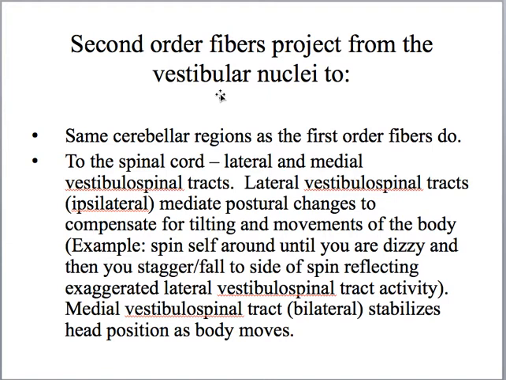A good example is that if you were to spin yourself around really quickly and then you stop, you'll stagger. What's happening is that you exaggerated the actions of the lateral vestibular tract activity. You can have your kid do that, they love spinning around. The medial vestibular tract stabilizes your head position as your body moves. Okay, let's turn to slide number 14.